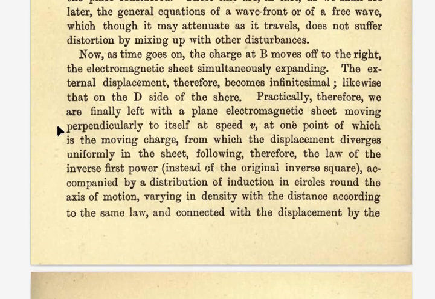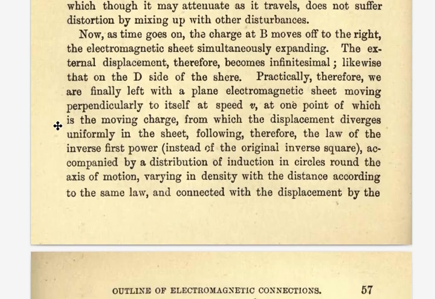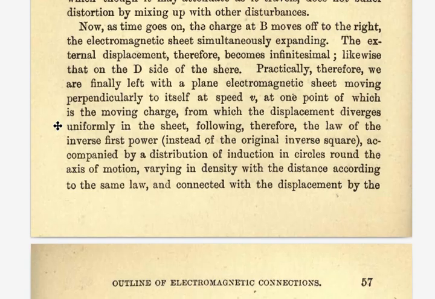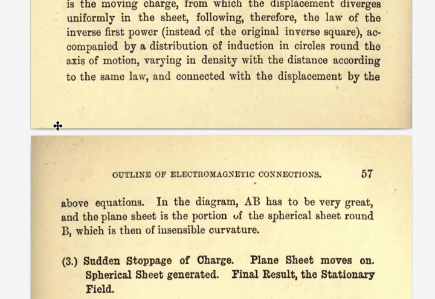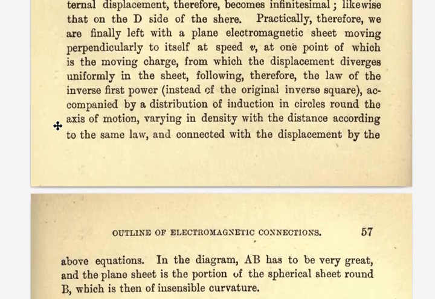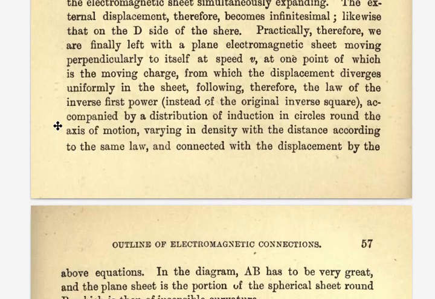Now, as time goes on, the charge at B moves off to the right, the electromagnetic sheet simultaneously expanding. The external displacement, therefore, becomes infinitesimal, likewise that on the D side of the sheet.